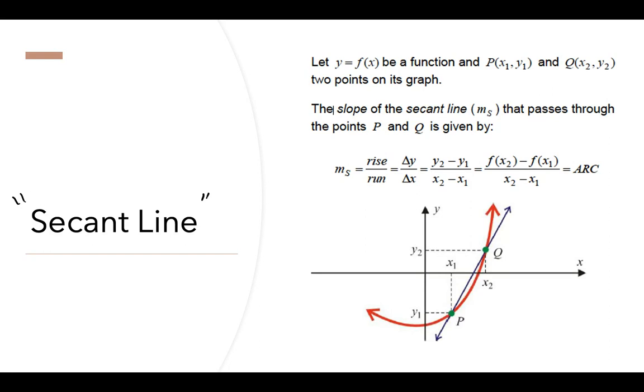For example, let f(x) be a function, and you have to define 2 points, point P and point Q. Now the slope of a secant line that passes through point P and Q is defined as the average rate of change. Again, same formula. So when I ask you to find the slope of a secant line, it's asking you to find the average rate of change between the two defined points.